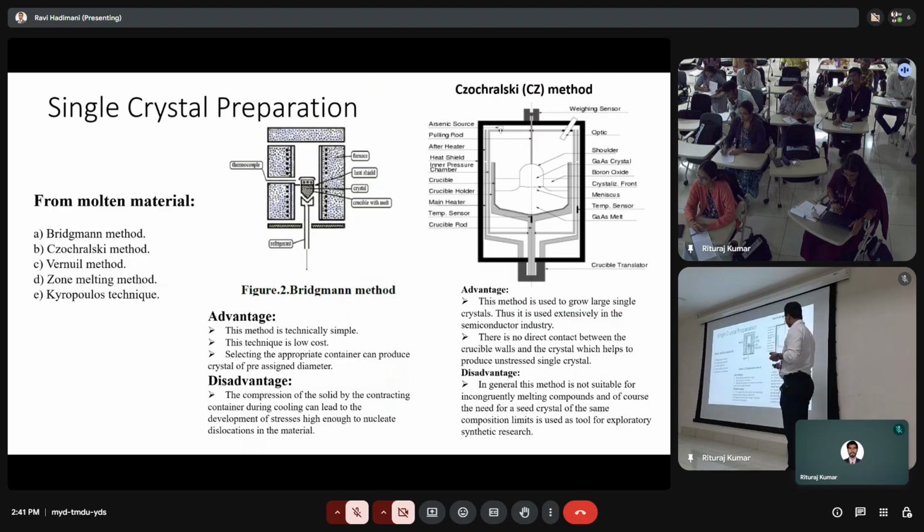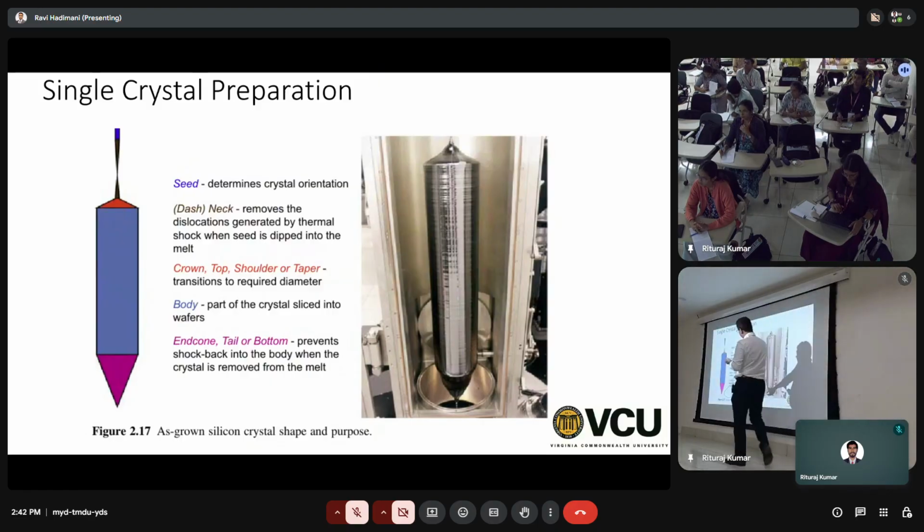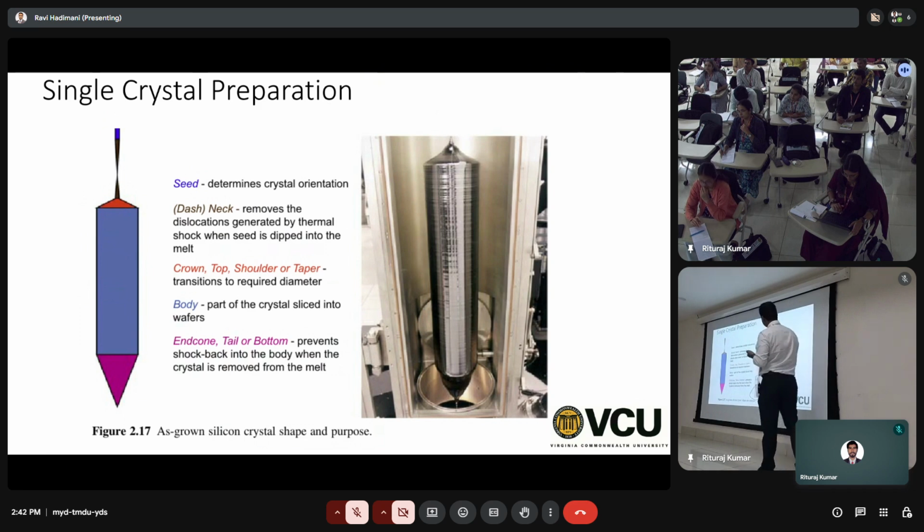Okay, you get a single crystal using these methods. So here is a single crystal ingot after you grow it. This is silicon, so this is a silicon single crystal ingot.